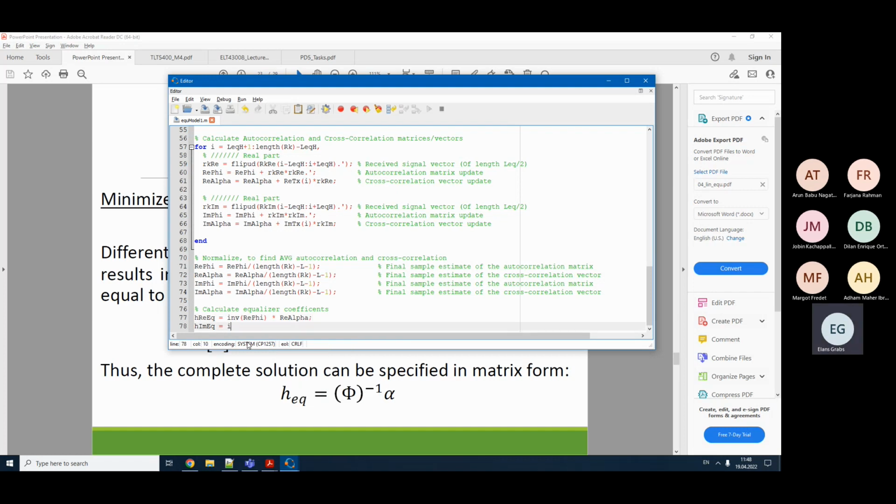The same goes for the imaginary part, inverse of imaginary phi with imaginary alpha. So we have calculated these two equalizers, one for the real part and another for the imaginary part. What is now left is to actually plot this equalizer's impulse response and frequency response.